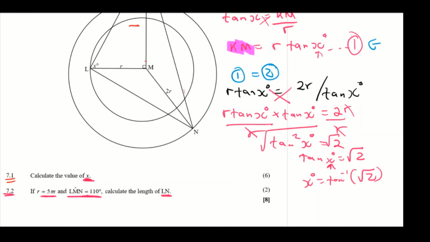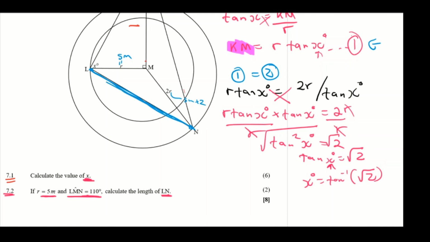What we are given here is that r is equal to 5 meters. Even here, this r value is 5 meters times 2. And we are told to find LN, this side here.